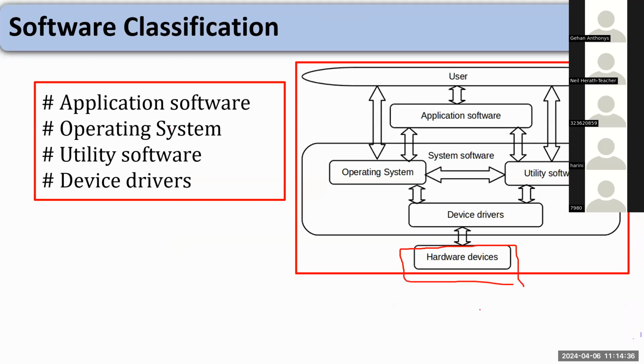There are hardware components, but with only the hardware devices, the computer cannot do anything. So we need to activate those hardware devices. In order to do that, we use system software.